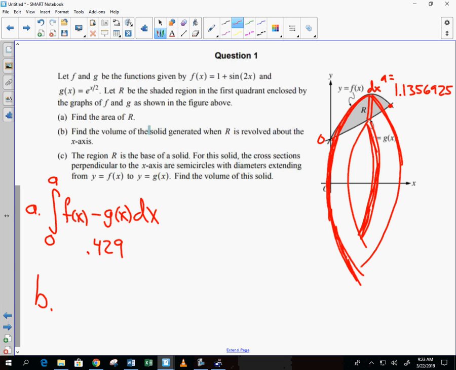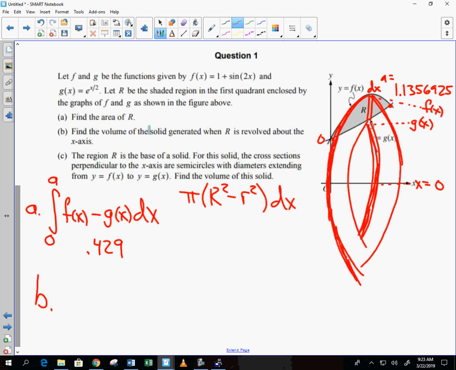Well, it looks like the axis of rotation is x equals 0. What makes up the inside of the washer? G of x. What makes up the outside of the washer? F of x. What is my formula for the volume of a washer? dx or dy? dx.